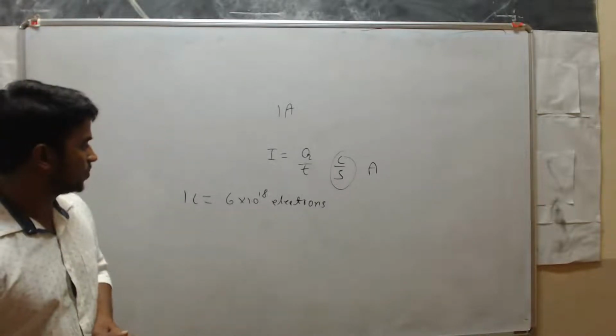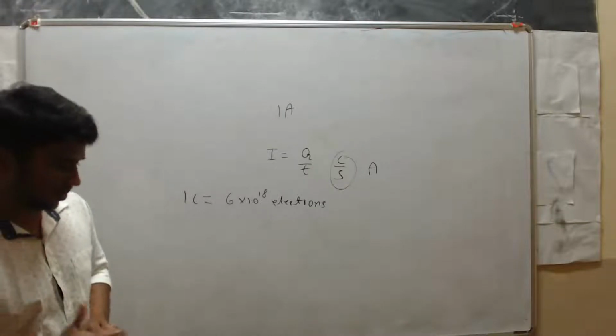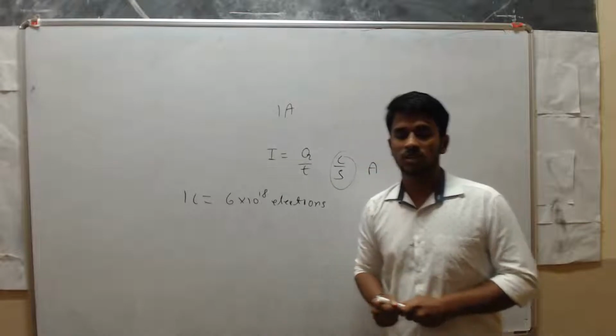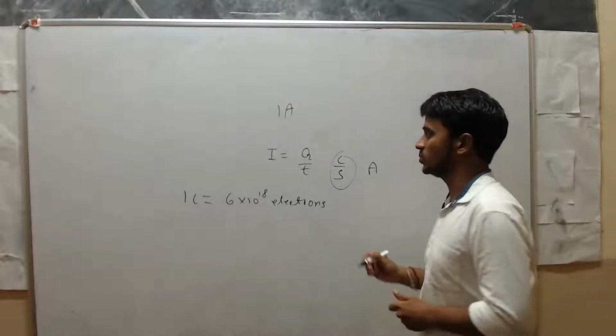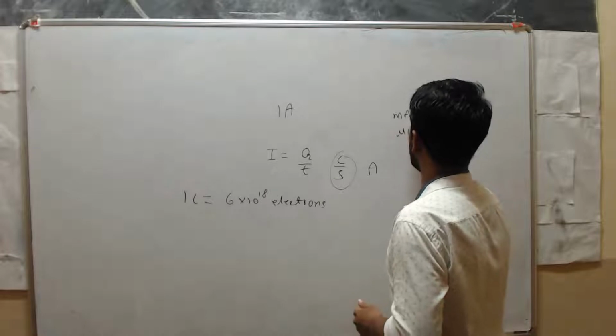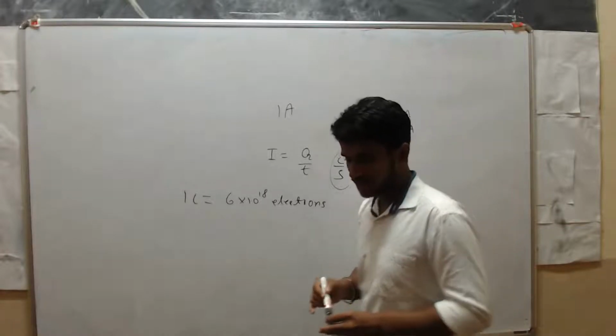Sometimes for very small devices we use a very small amount of current, so we measure current in milliampere and sometimes microampere also.